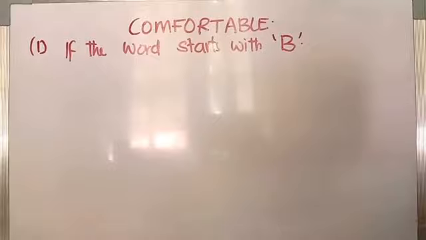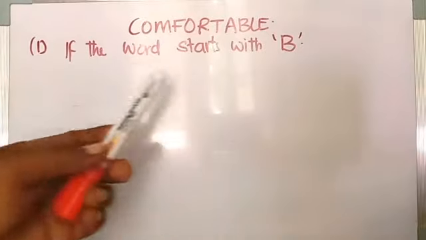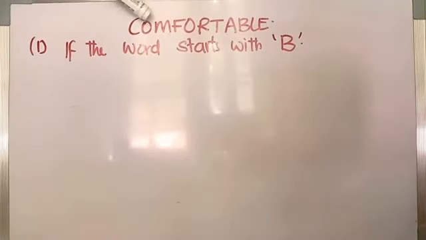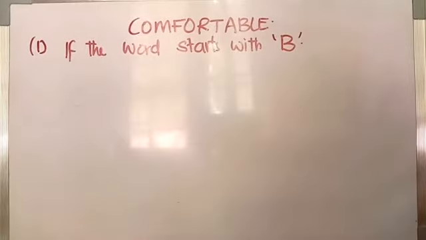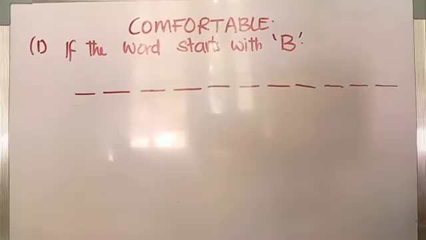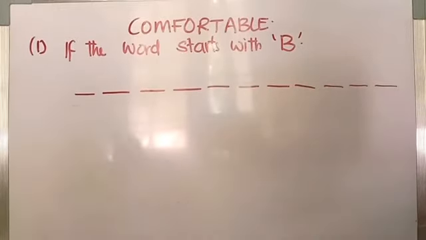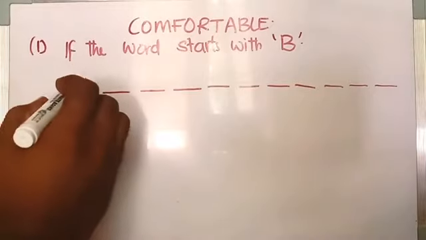So let's see how to do this one. For that, let's make the number of places first. We have totally 1, 2, 3, 4, 5, 6, 7, 8, 9, 10, 11 places to be arranged. So we have made 11 places. Among these 11 places, the first letter should be B.